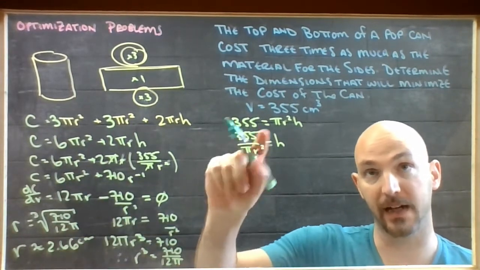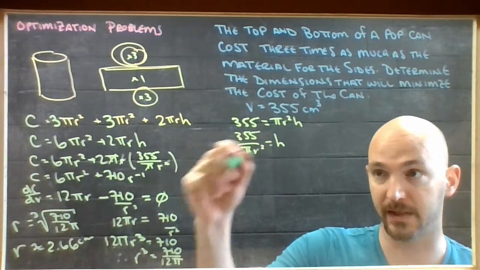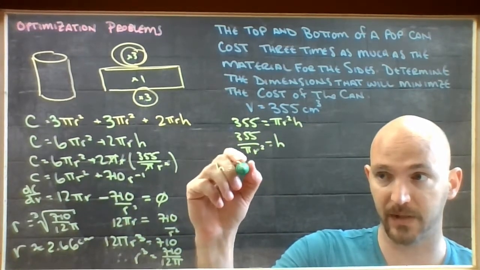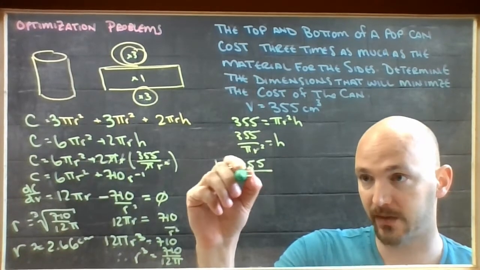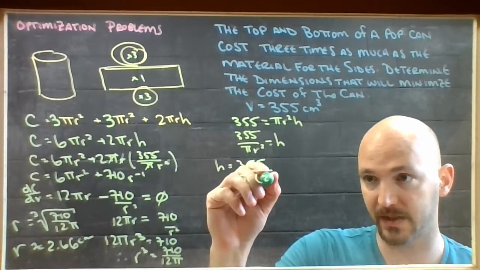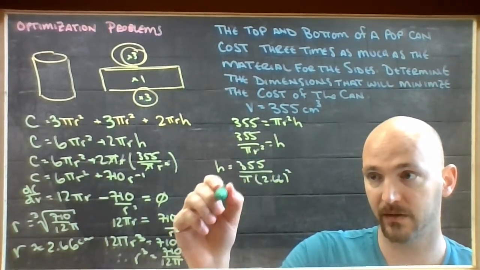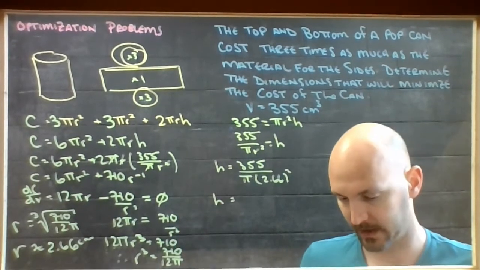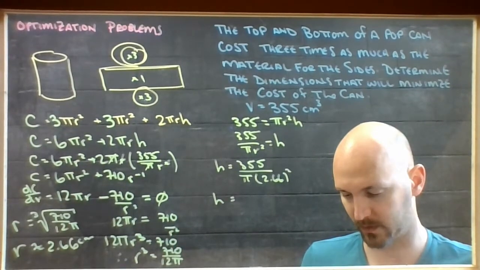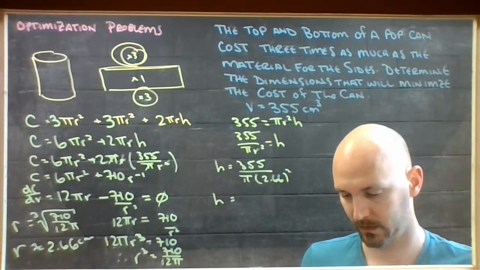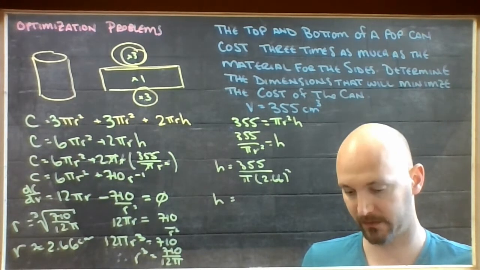In order to get my height, I'm going to pop that radius into here. So h would be 355 divided by pi times 2.66 squared. Take that number, exponent of 2, times 355. Divide by pi.